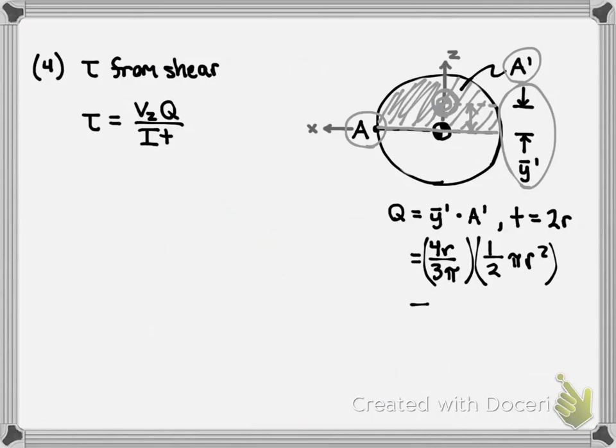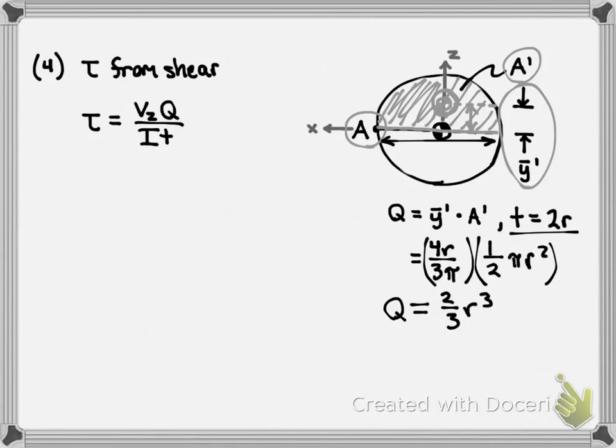This gives us a final value of Q of 2/3 r cubed. So there's our Q. Our t is much simpler. It's simply the thickness of the cross section at the point that you're interested in, which in this case, since A is directly to the left of the centroid, is the diameter of the circle, or 2r.